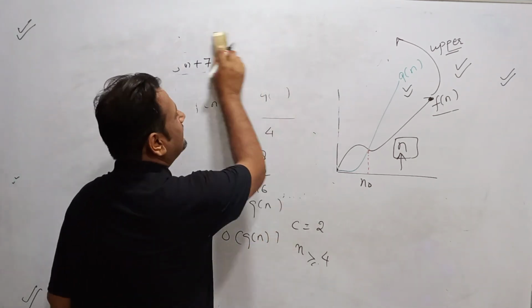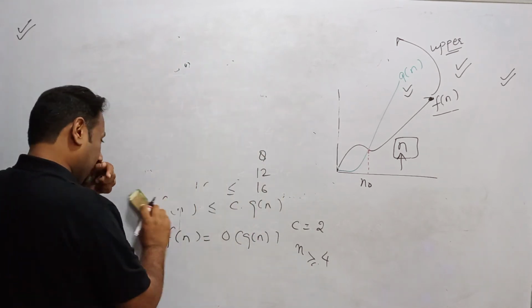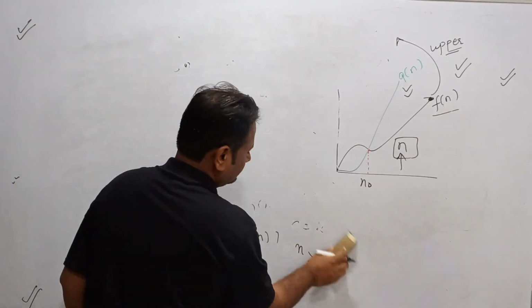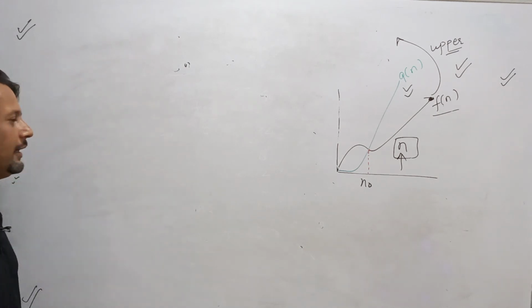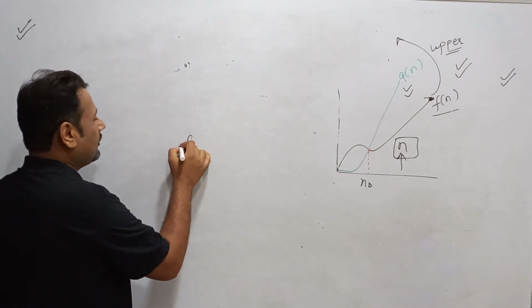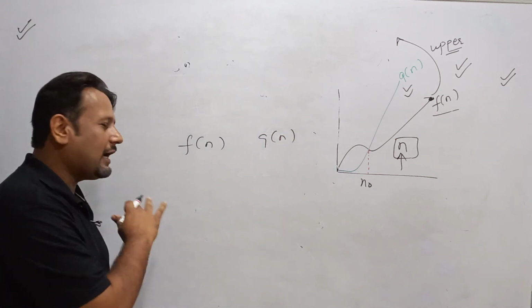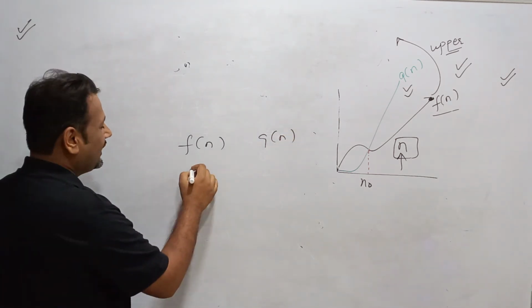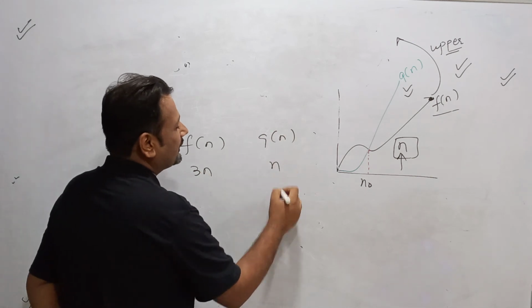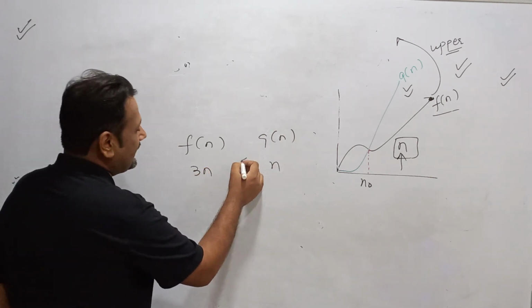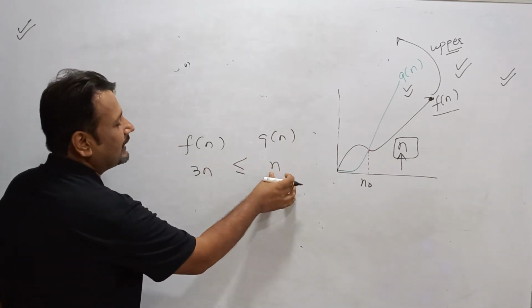Now, the theme of this story is this: if you are comparing two complexities f(n) and g(n), and both are of the same order, that means if you are comparing 3n with n, we can anytime prove that this is less than this. Why?